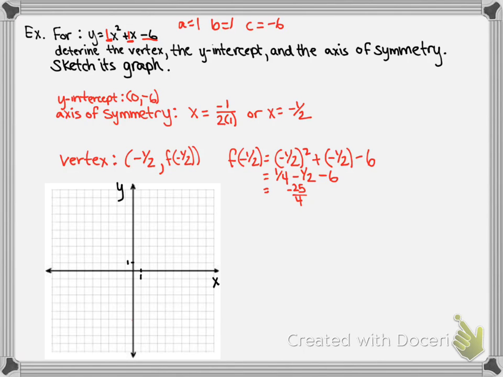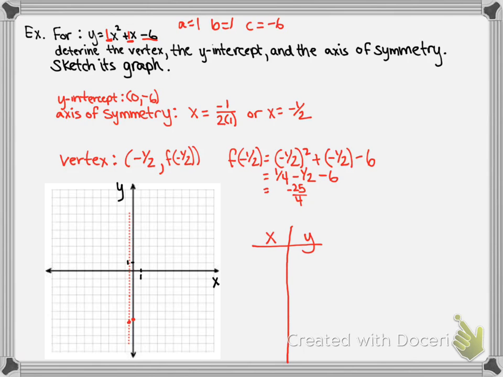So let's sketch this. First, plotting my y-intercept, which is (0, negative 6). Here's my axis of symmetry, or x equals negative 1/2. And here's my vertex, which is (negative 1/2, negative 25/4).